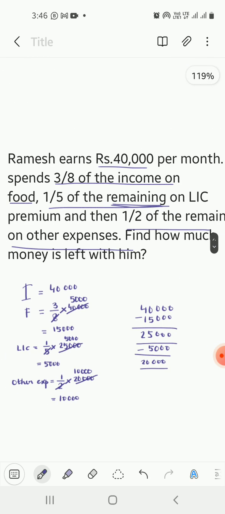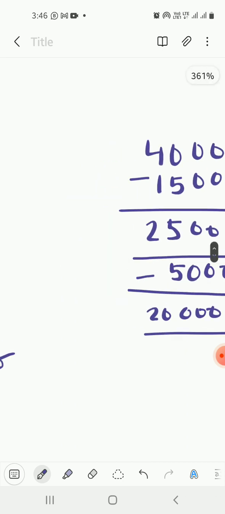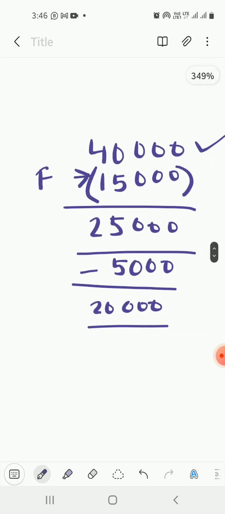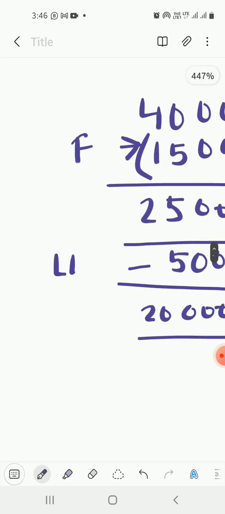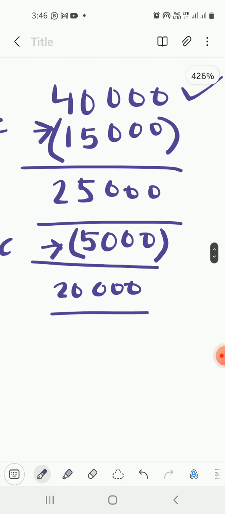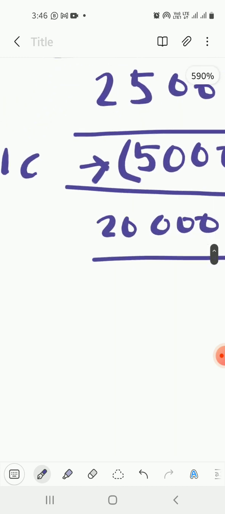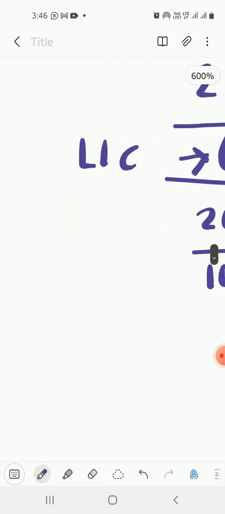Now find how much money is left. So you can see the total money was 40,000, out of which on food he had spent 15,000. So this is deducted. The remaining was 25,000, out of which in LIC premium he had paid 5,000. So this is also deducted, we get 20,000, and then lastly, half of what was remaining was spent on other expenses.